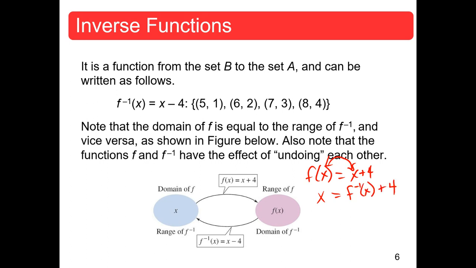And I'm going to solve for f to the -1 of x by subtracting 4 from both sides. So I have x minus 4 equals the inverse of f of x. And that's what they gave us here. So anytime you want to find the inverse of any function, you can swap the variables and solve for it. Okay.